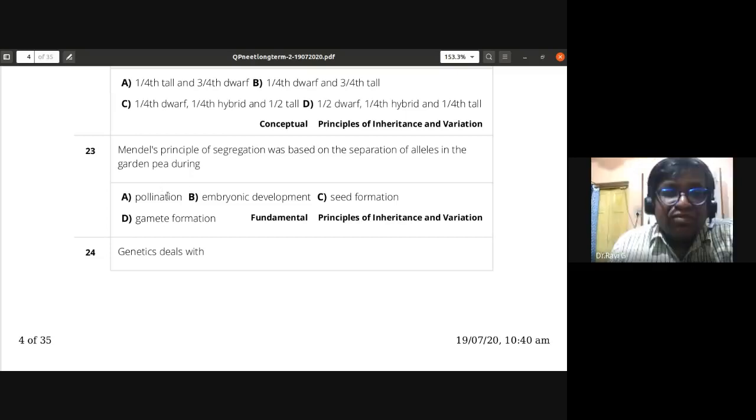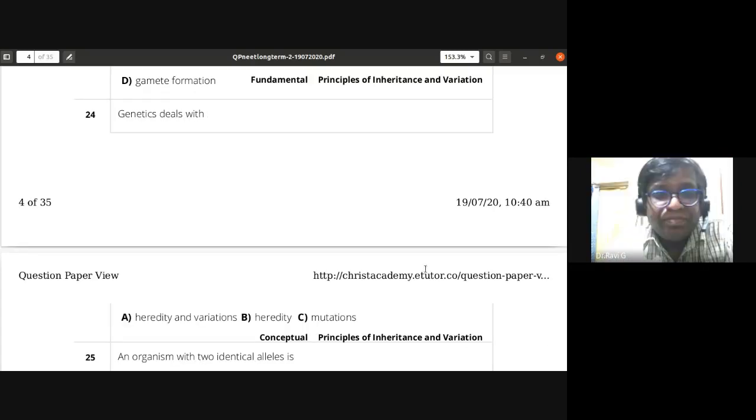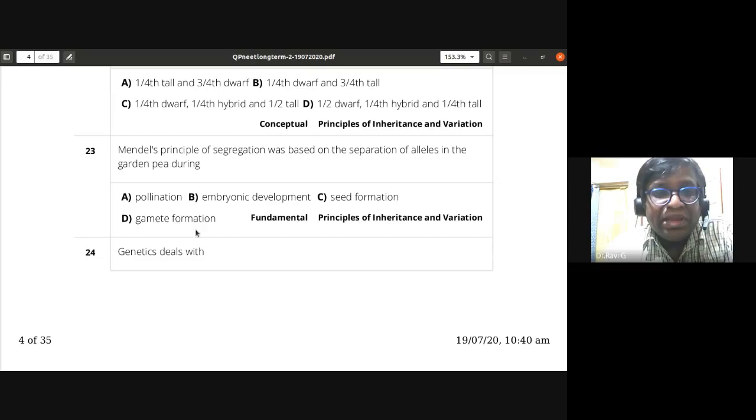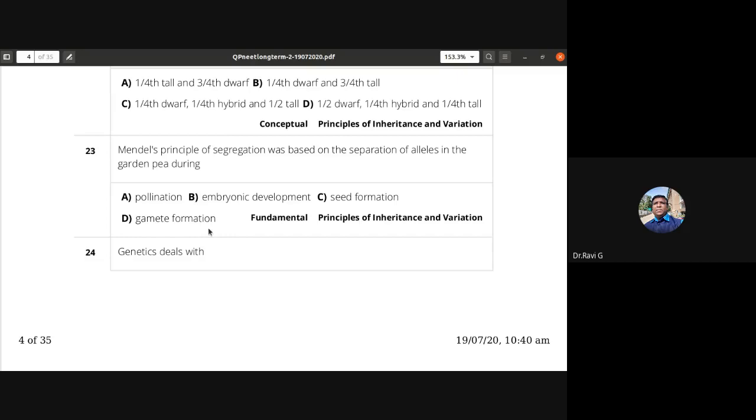The answer that they have given is pollination. Even though I feel that during gamete formation there is a separation of alleles, they have given the answer as pollination. It is ambiguous. For me, I felt gamete formation is where the separation of alleles in the garden pea took place. Okay, so D is gamete formation, even though they have given the answer as pollination. D is the answer, gamete formation.